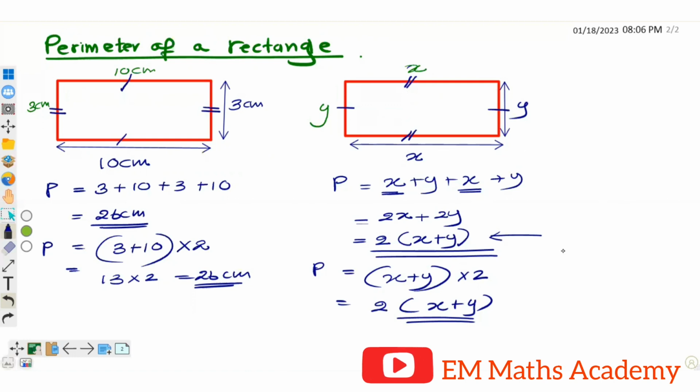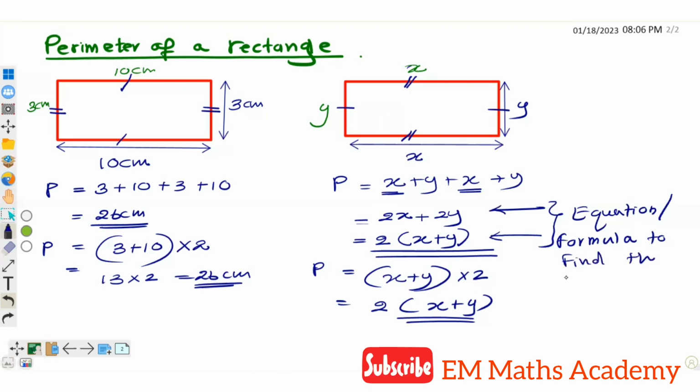Sometimes we can use this as an equation, or we call it a formula, to find the perimeter of a rectangle.